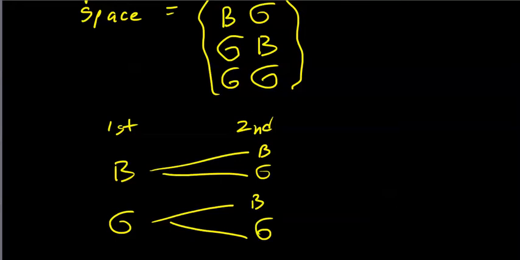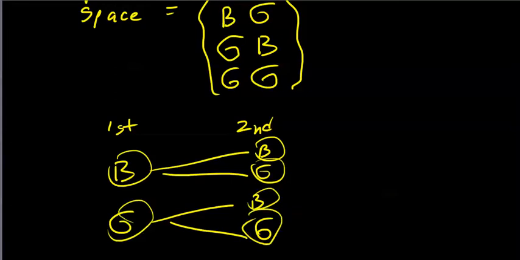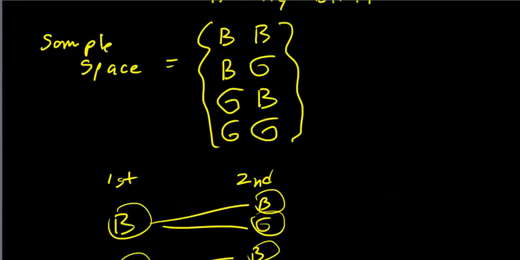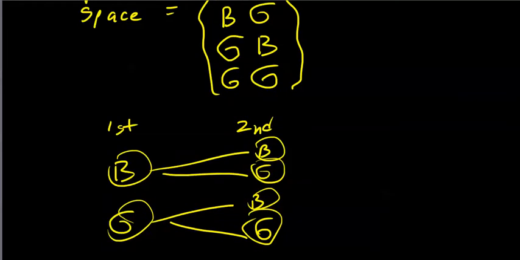And you can see every possible path from left to right illustrates a simple outcome, and the collection of all those is the sample space. Boy, boy, boy, girl, girl, boy, and girl, girl. It takes a little more ink to draw it out that way, but certainly a tree diagram is sometimes available to you.